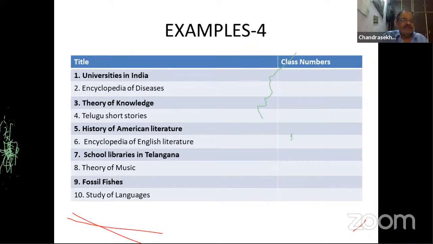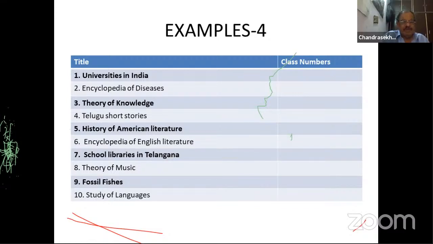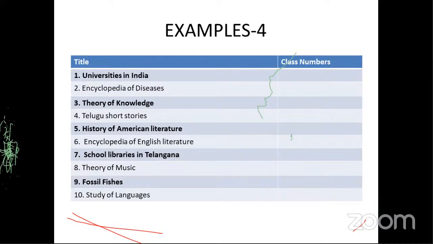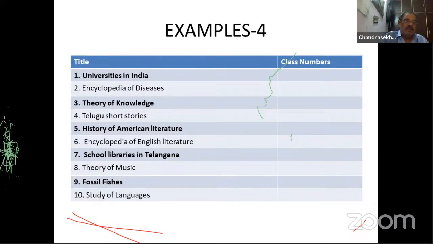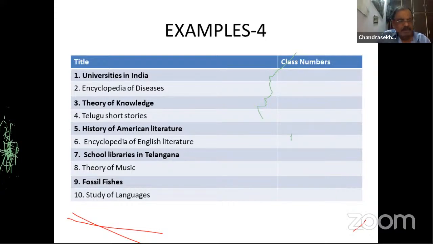Generally, standard subdivisions are 01 to 09, but here it says 001 to 009. It is asking us to use an extra 0 here. For standard subdivisions, you have to use 616.003 to 009. So what is the number now? 616.003. We have put an extra 0 here.